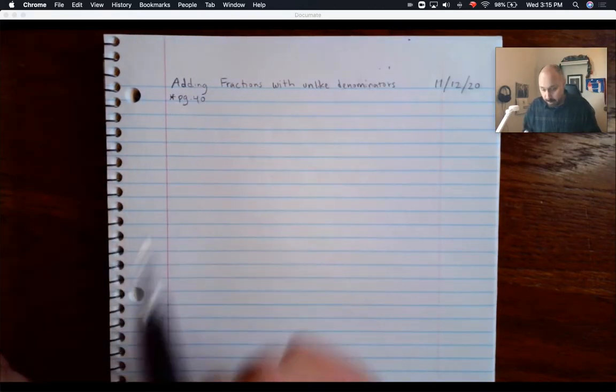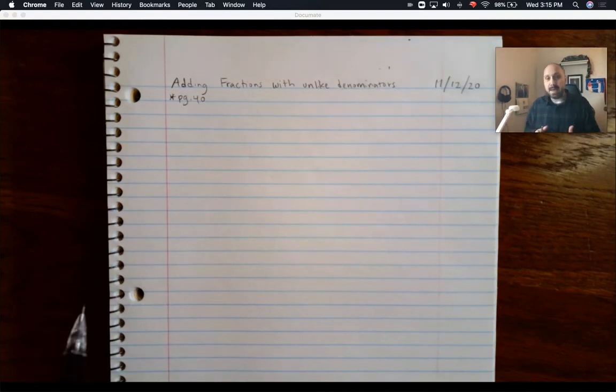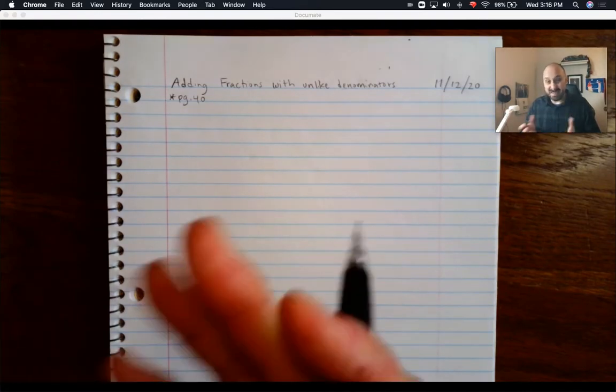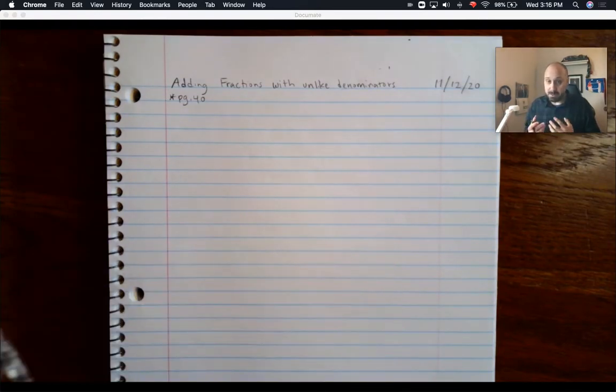after our notes, okay? So when we're adding with unlike denominators, that means different denominators, different numbers on the bottom of our fraction. At the beginning of this week, we had our number strips and our clock models in our books.